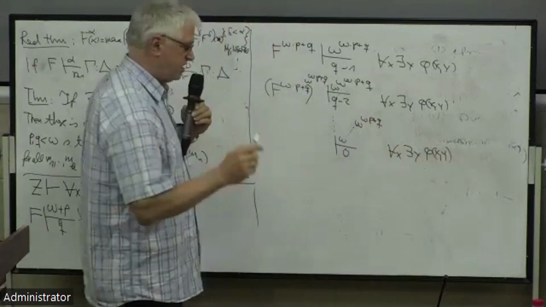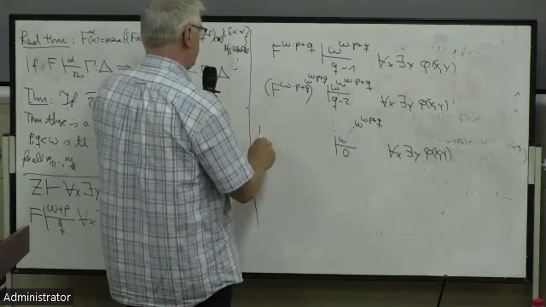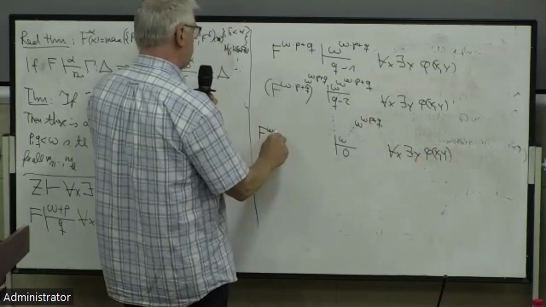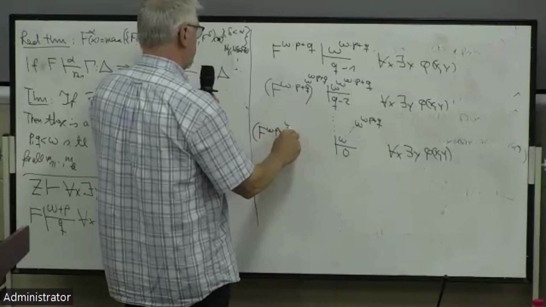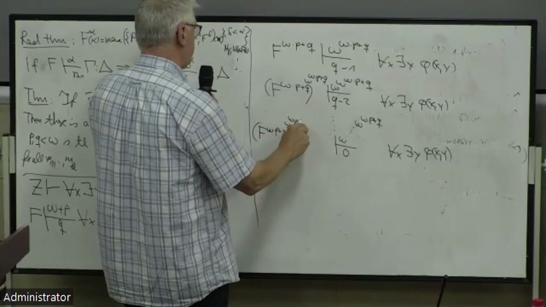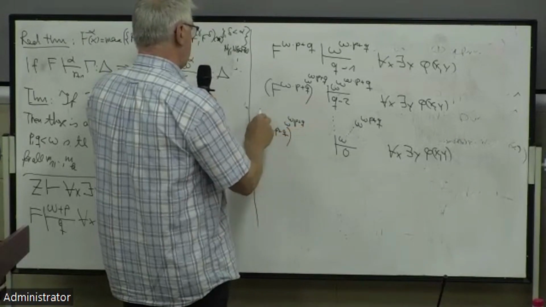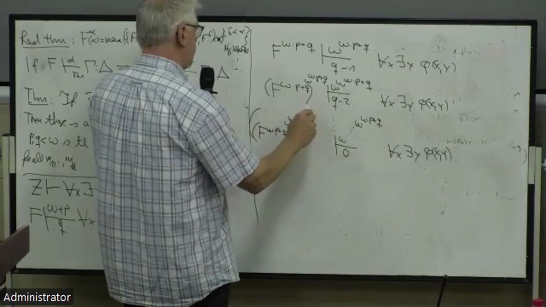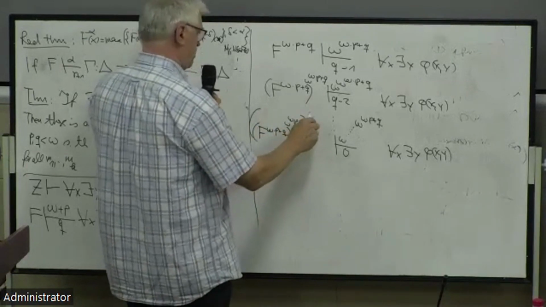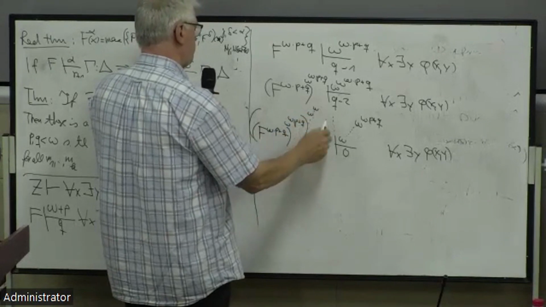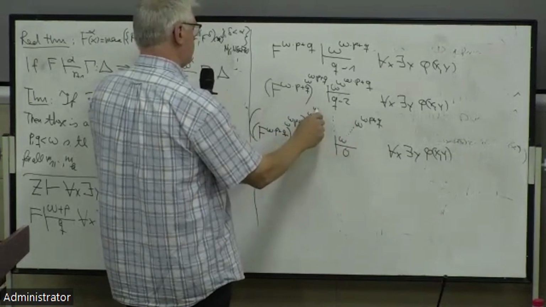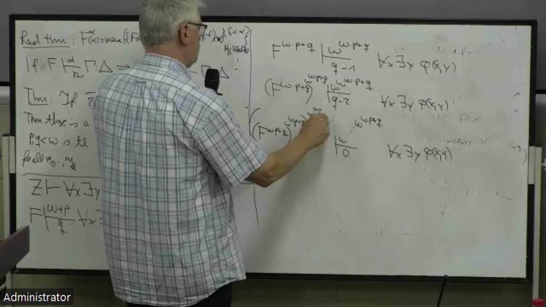On the left-hand side, we get the complex operator, namely f of omega times p plus q. Then we get omega to the omega times p plus q. And then we get a nested tower of iterations. And here we have an omega power of 1 height less. Here's omega times p plus q.